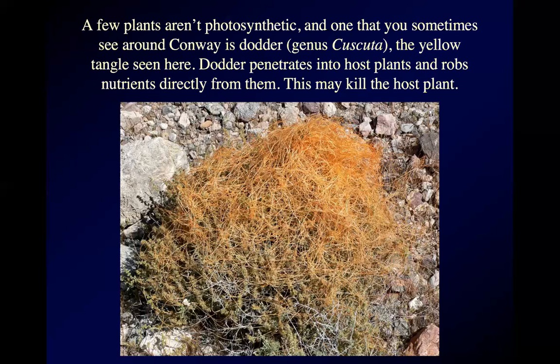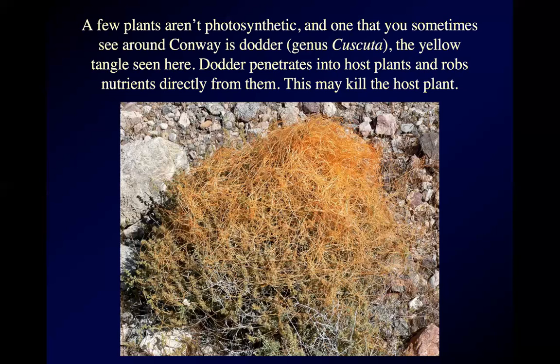What this does is grow as this tangle of very narrow stems, and the stems literally penetrate into host plants and take their water and nutrients. Under that tangle of yellow filaments, you can see there's a green plant under it.